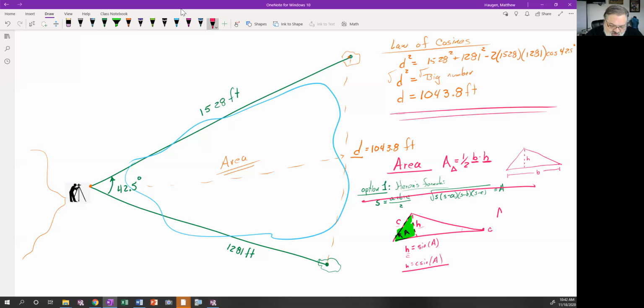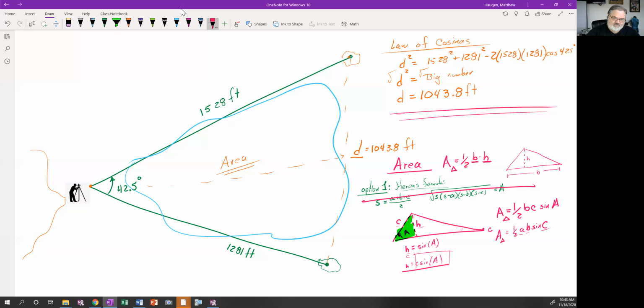So in a lot of ways, a better area of a triangle formula is 1/2 base times height, where height is the C sine A. Now, you'll often see this formula written with any, you could say it's 1/2 AB sine C or 1/2 CA sine B. It doesn't matter as long as these two lengths are the lengths that make up that angle.